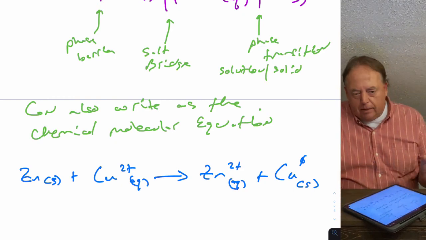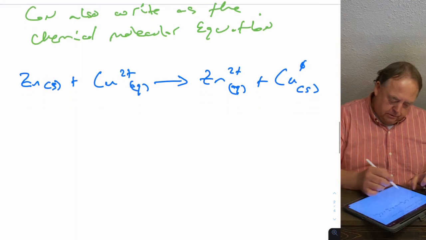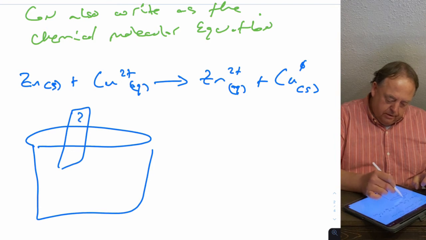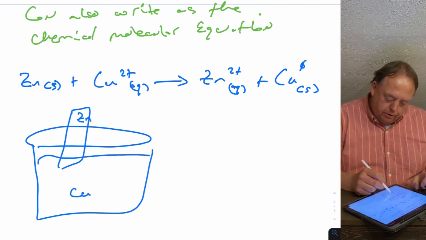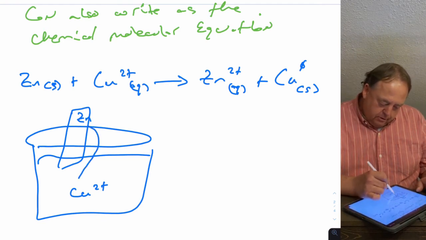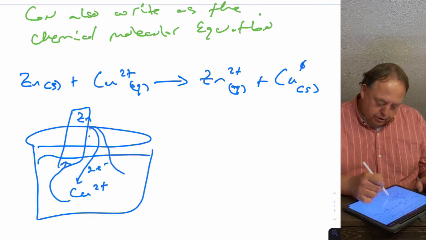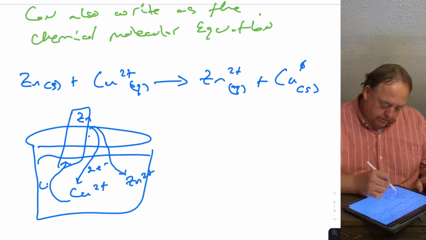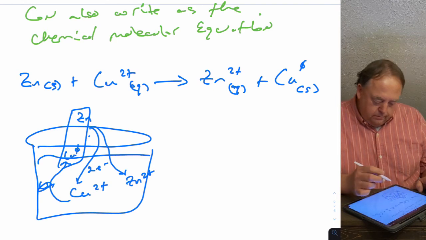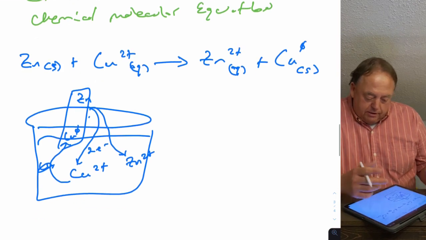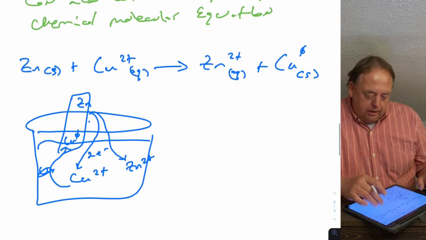It's just happening in two separate electrochemical cells. You could do this reaction just in a beaker. If you put the zinc in a solution with the copper 2+, then zinc would give up 2 electrons to copper, and zinc would go into solution as zinc 2+, and copper 2+ would pick up electrons and come out of solution, depositing onto the surface of the zinc metal. That would be the chemical reaction going on.